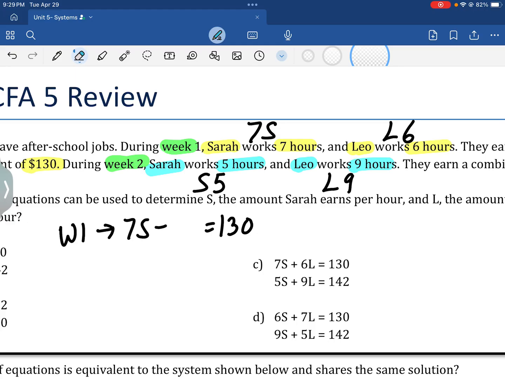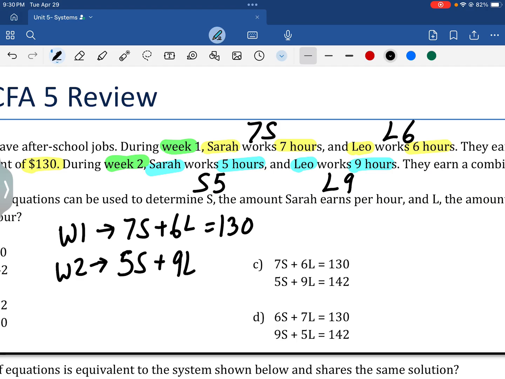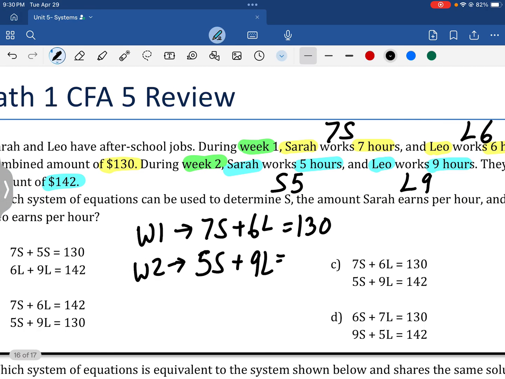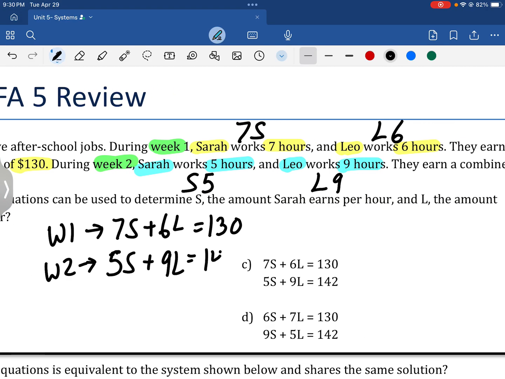Oops, I had these backwards, this should be 6L. That's okay, that's not a big deal. So week 2, we know Sarah worked 5, so that is 5S plus, Leo worked 9, so 9L, because he worked 9 hours that week, to a combined amount of $142.